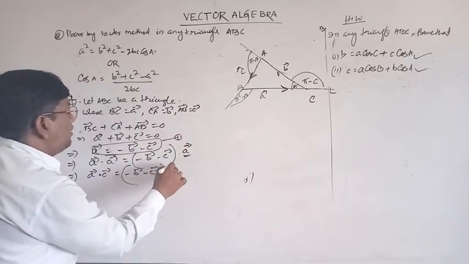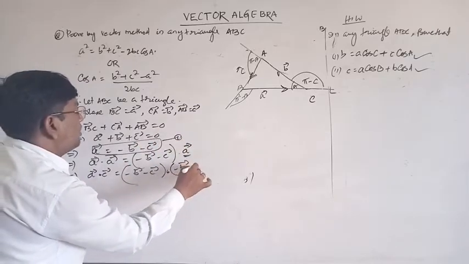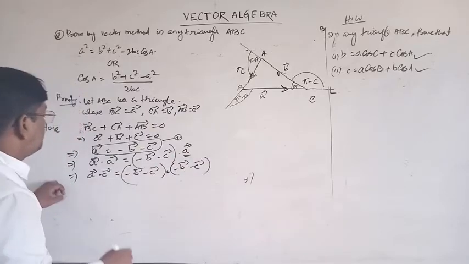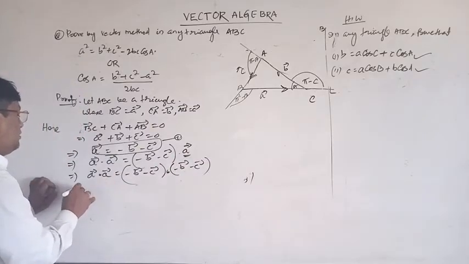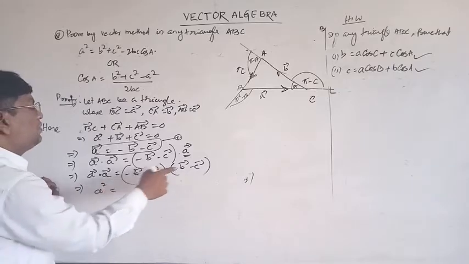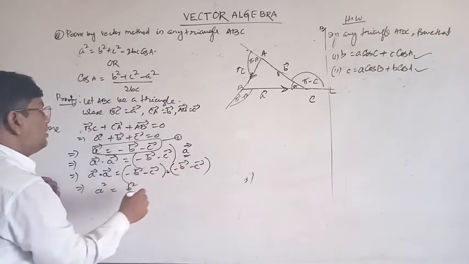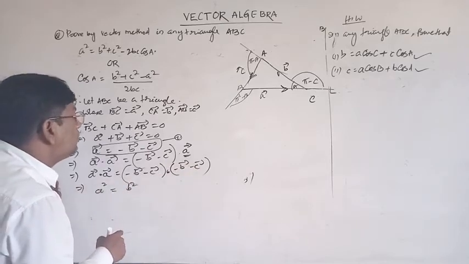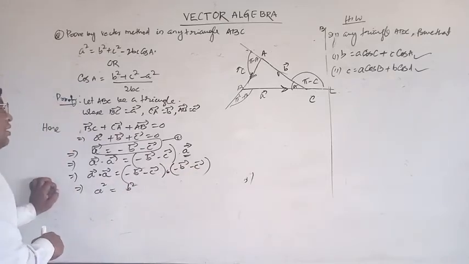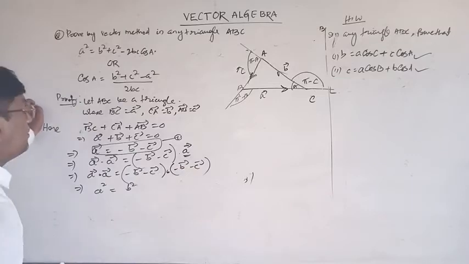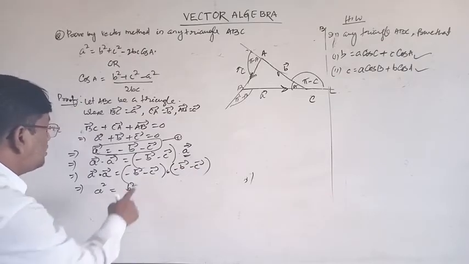So the value of A is minus B vector minus C vector, and A dot A gives A square. So A square is equal to B dot B, that is B square, and so on.